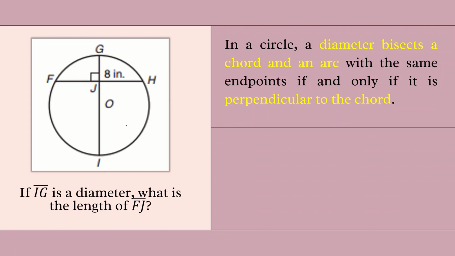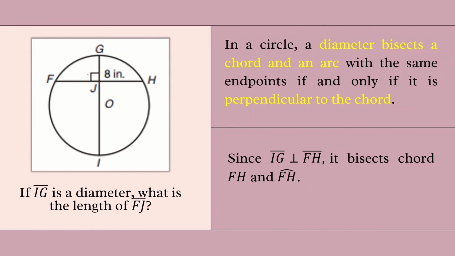So, makikita naman natin sa illustration that segment IG is perpendicular to segment FH dahil nakabuo sila ng 90 degrees. If that is the case, so the diameter IG bisects chord FH and arc FH.